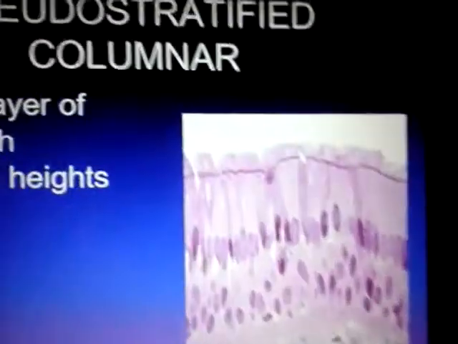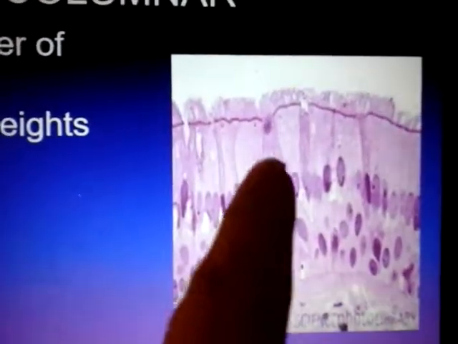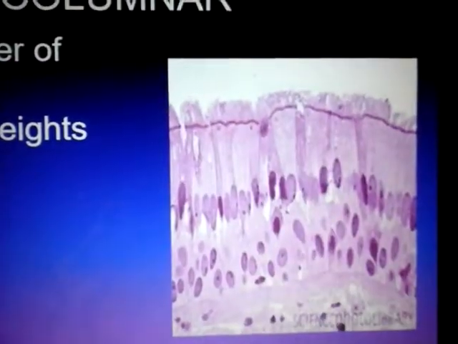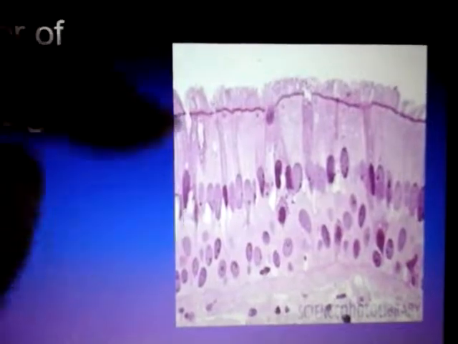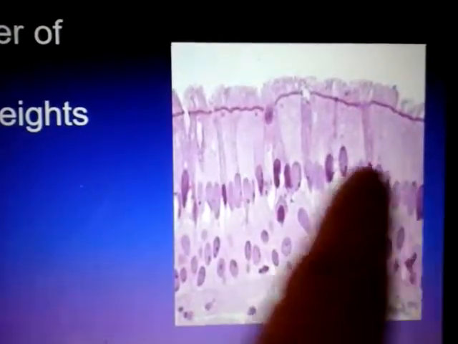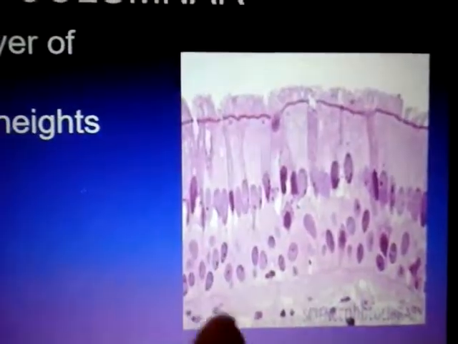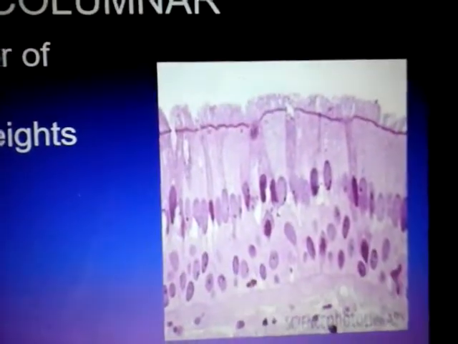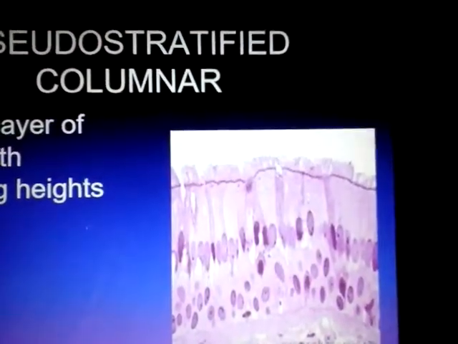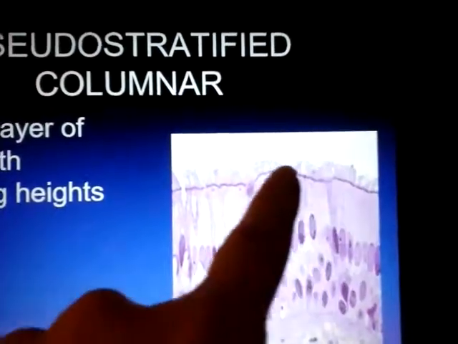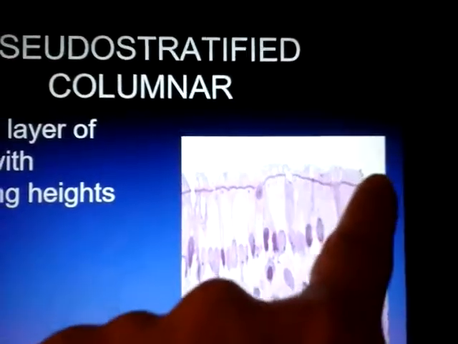Okay. So in this picture here, it looks like there's two layers of cells, because some of the wine glasses are sitting up, so those are their nucleuses, and some of the glasses are flipped over, and so that's their nucleus. And a lot of pseudostratified columnar tissue has cilia, which you see here. Okay.